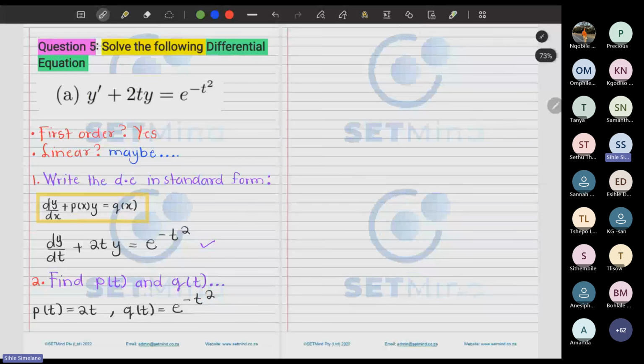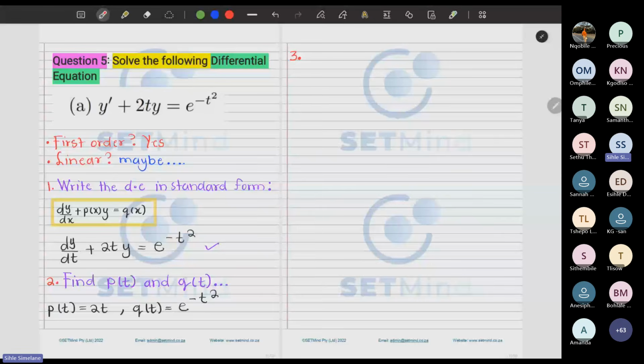Step number 3, if you remember, guys, what I said to you is that we need to find the integration factor.